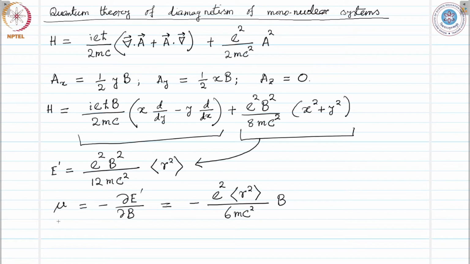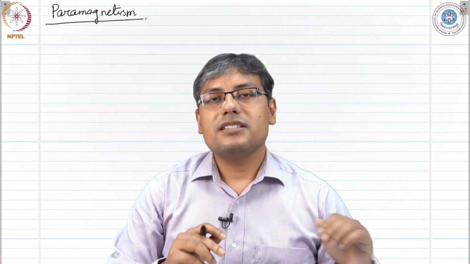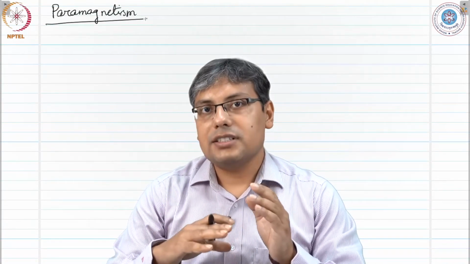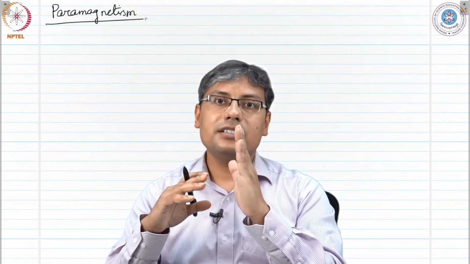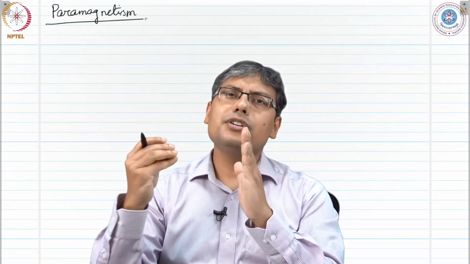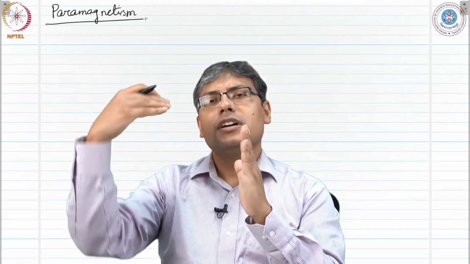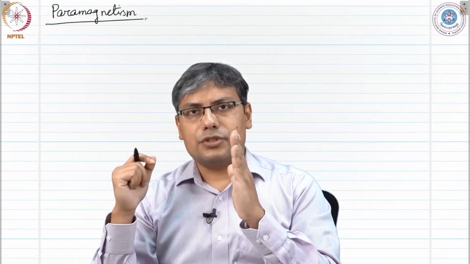Now let's move on to paramagnetism. Paramagnetism is, as opposed to diamagnetism, where you apply a magnetic field along a direction and the material develops a small magnetic moment in the opposite direction.